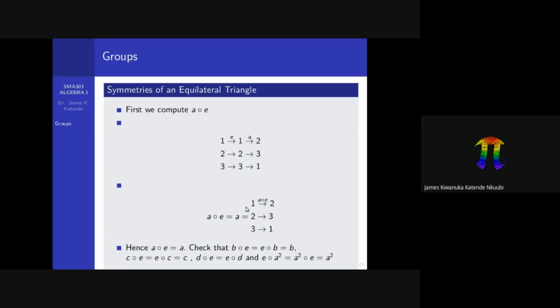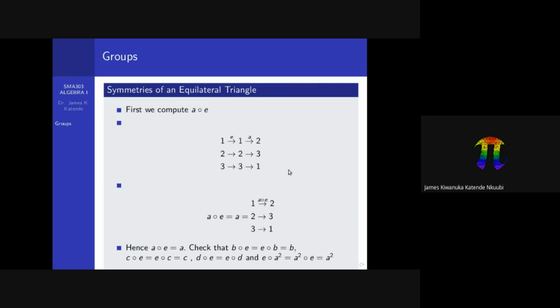So here we see the composition itself in full. So A of E is actually the same as A, because if you go back and check the function A, this is what it looks like. 1 will go to 2, 2 will go to 3, and 3 will go to 1, which is exactly A. So A of E is just the same as A. It doesn't change.